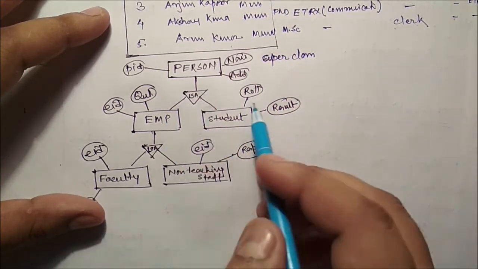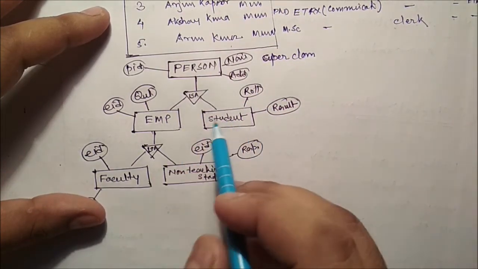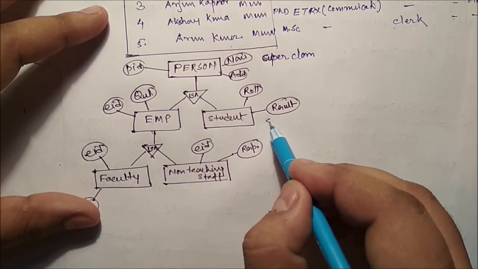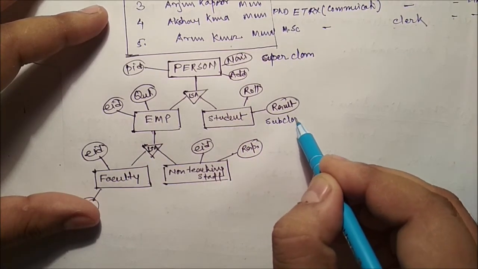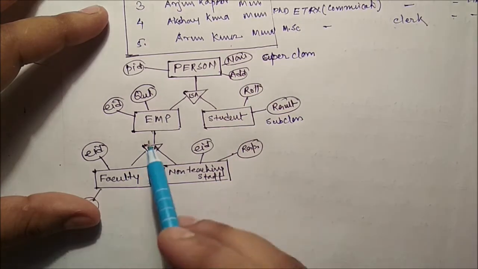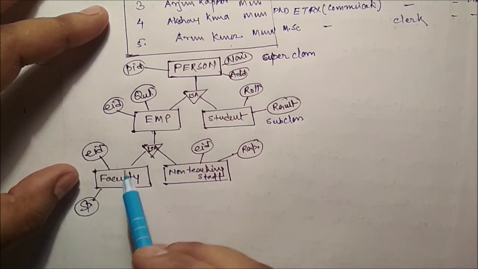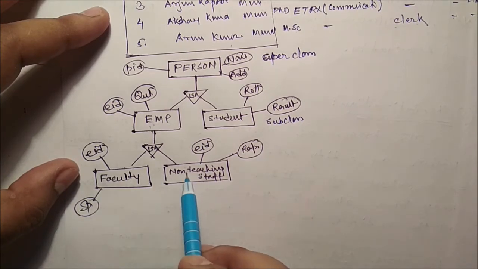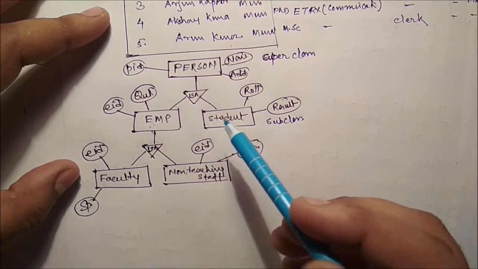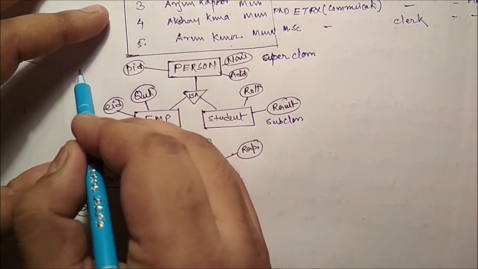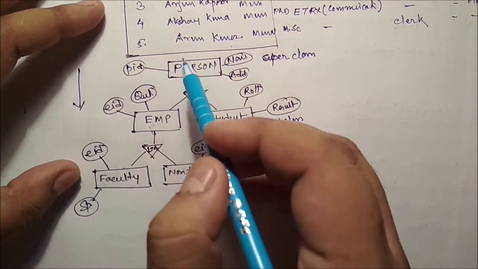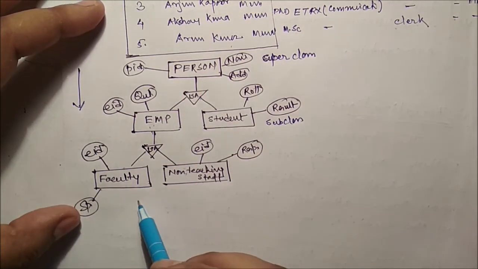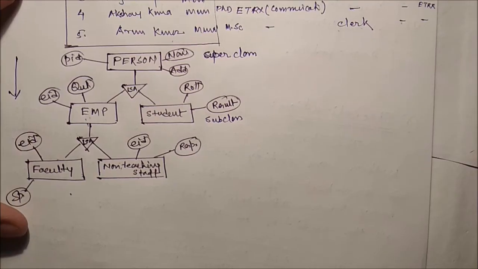Under this superclass, these two subclasses are there, so these are called the subclasses of the superclass person. Now further we can refine it. Now this is a superclass, and these two are the subclasses. So in specialization, we move from a higher level entity set to a lower level entity set. Are you getting this one?